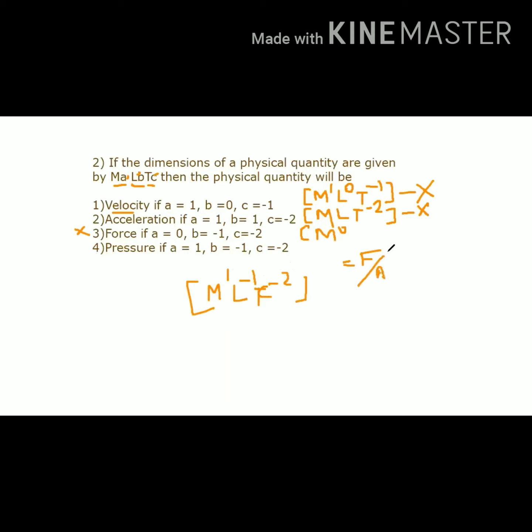When you apply the dimensions of force and area, you finally get M to the power 1, L to the power minus 1, and T to the power minus 2. So this option is the correct answer for the second question. Second one done. Let's move on to the next question.